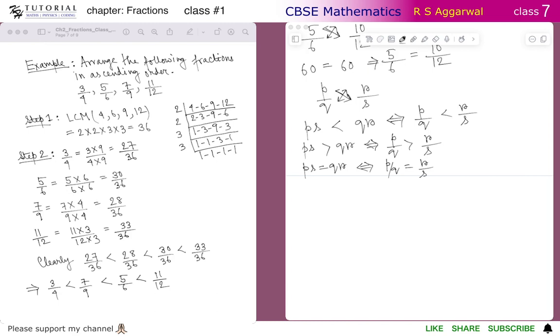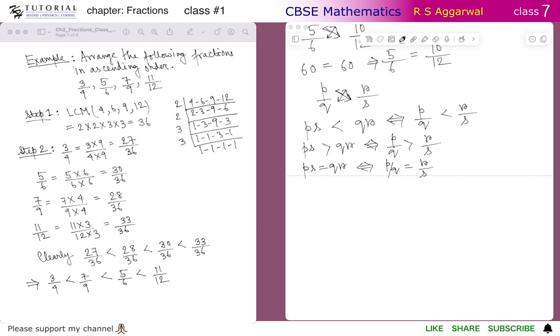In doing that, from 3 by 4 we get 27 by 36, from 5 by 6 we get 30 by 36, 7 by 9 becomes 28 by 36, and 11 by 12 becomes 33 by 36. Clearly, if we arrange these like fractions in ascending order, we have 27 by 36 is less than 28 by 36, is less than 30 by 36, is less than 33 by 36.